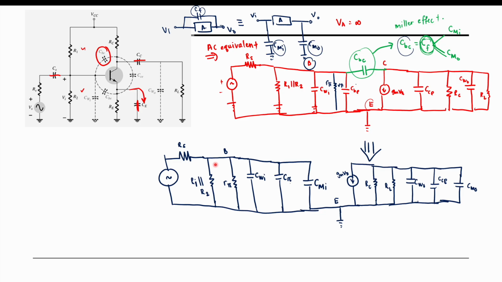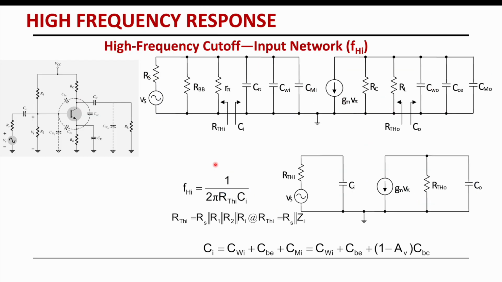All right. So now if you look here, this is how your circuit is going to be. I think I have explained earlier, so we can see here, this is your VS, this is your RS, and this RBB is actually R1 parallel with R2, the resistors at the base, so that's why they put it as RBB. And then at the base we have R pi. Don't forget about that.